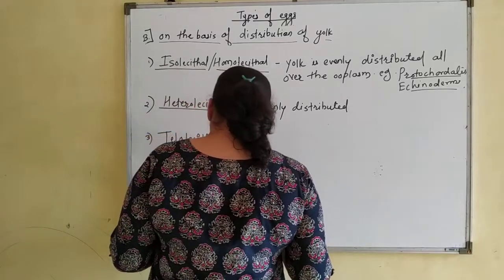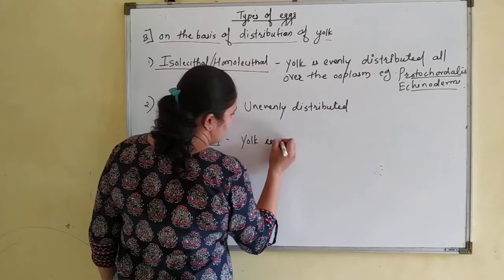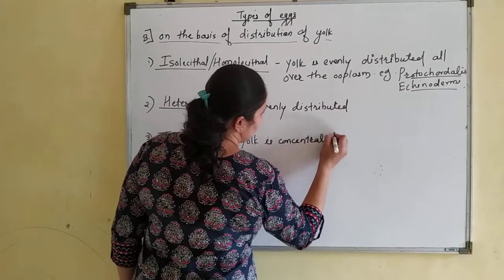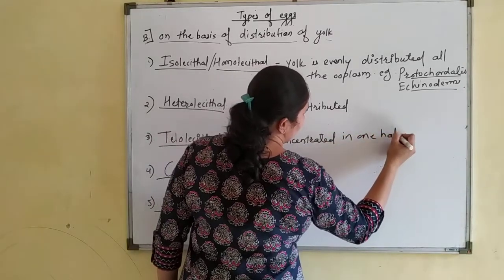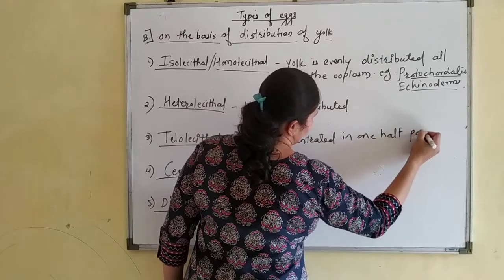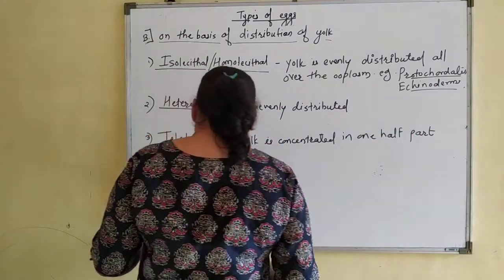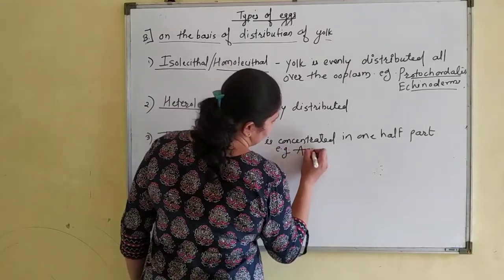Yolk is concentrated in one half part of the egg cell. Example, amphibian's egg.